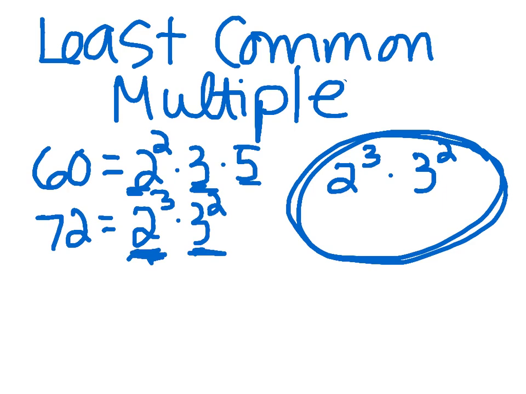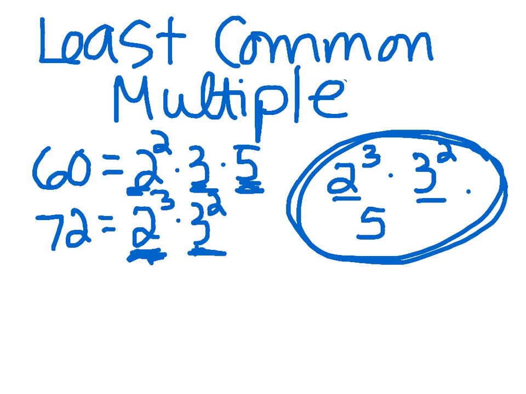If it doesn't have 2 to the third and 3 to the second in there, it's not going to be divisible by 72. These prime factors would have to be in the collection. By the same token, I still need a 5, because if there's not a 5 in there, it's not going to be divisible by 60.